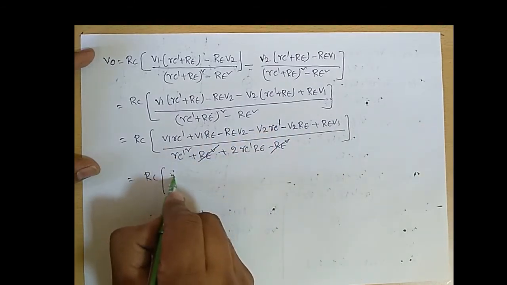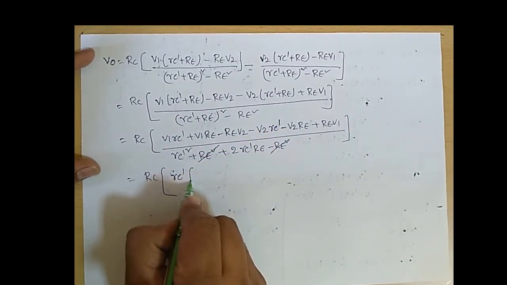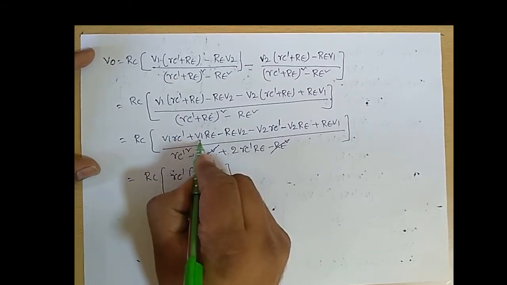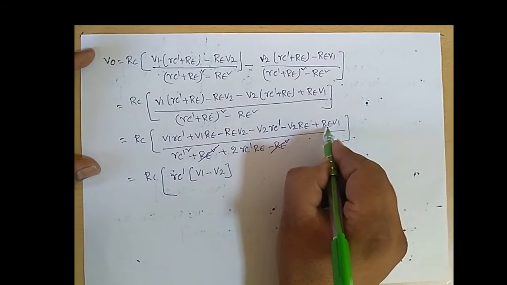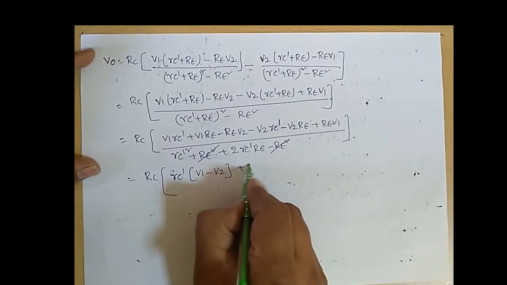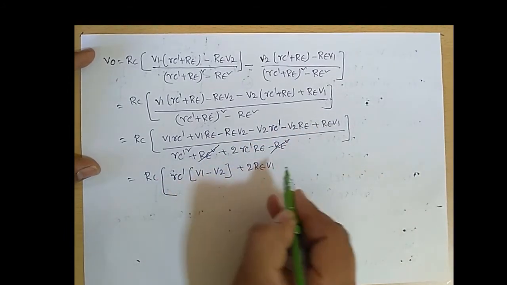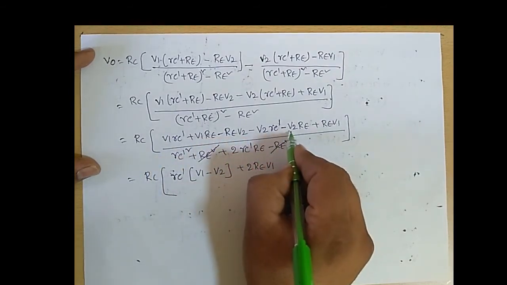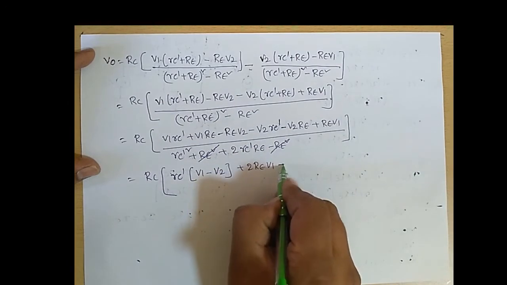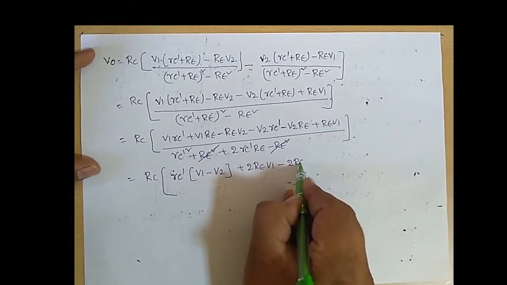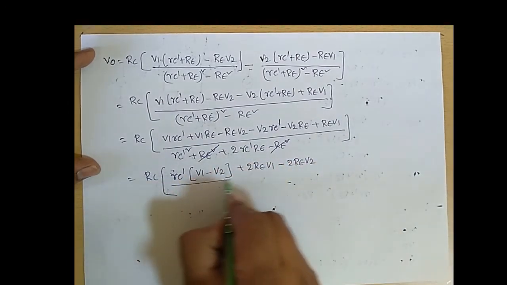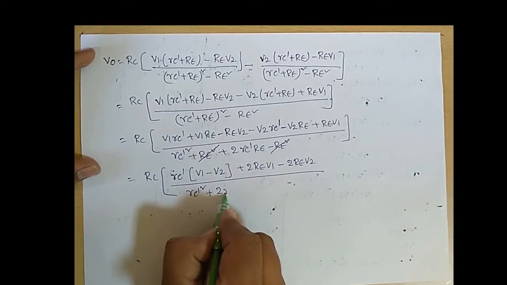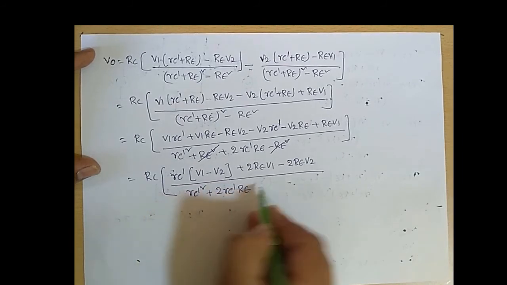Here we take RE dash as the common term, then we get V1 minus V2, and here we have V1 RE and V1 RE, that is 2 RE into V1, and minus RE into V2 and minus V2 into RE, that is minus 2 RE V2, whole by RE dash square plus 2 RE dash into RE.